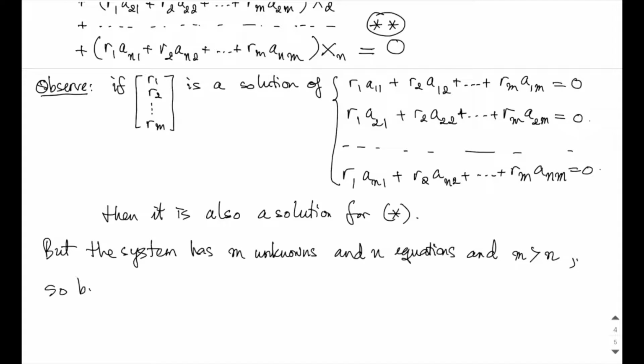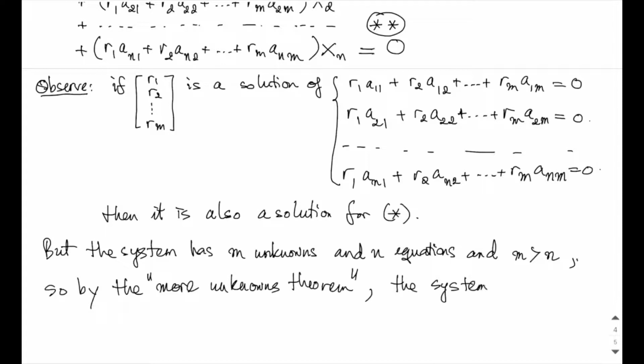So by the more unknown theorem, the system has more than one solution, other than the zero solution, the trivial solution.